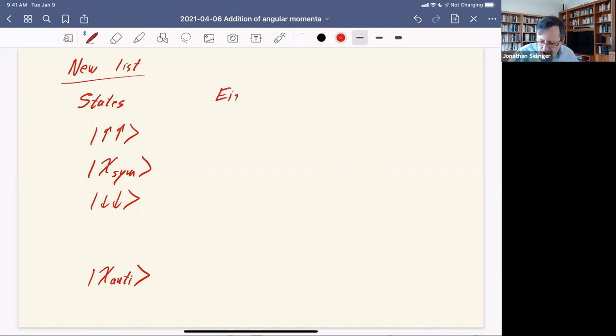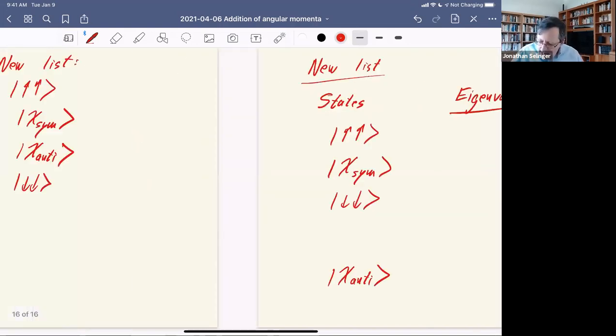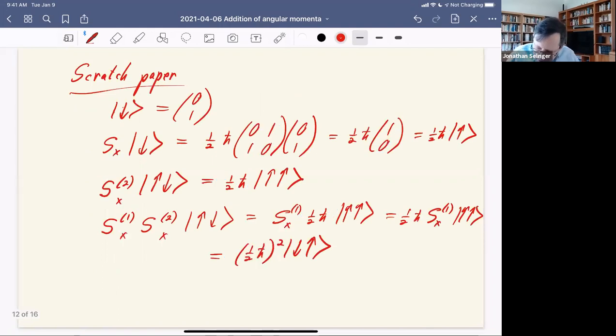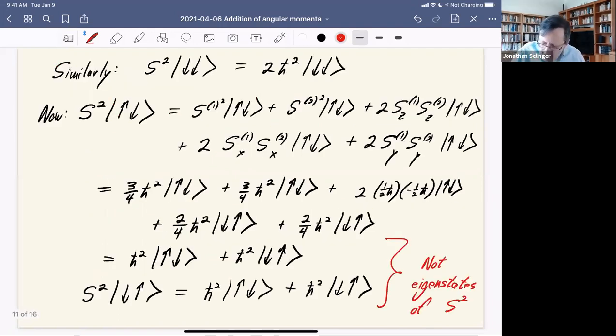And now we can say, what is the eigenvalue of S squared? For up up, we figured it out way back here.